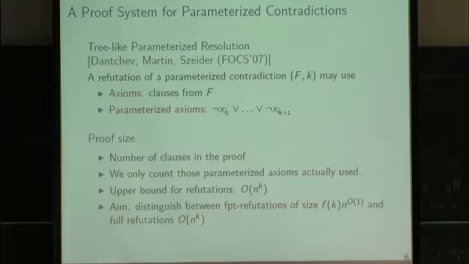So the proof size is just as usual the number of clauses in the proof, but as Stefan was also saying, we only count the parameterized axioms that we actually need in the refutation. And for full refutations, the full search space becomes of this size, n to the k. And what we want to do is distinguish between short proofs, which are of this format, and full search.